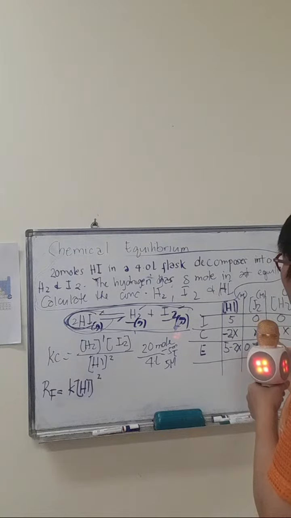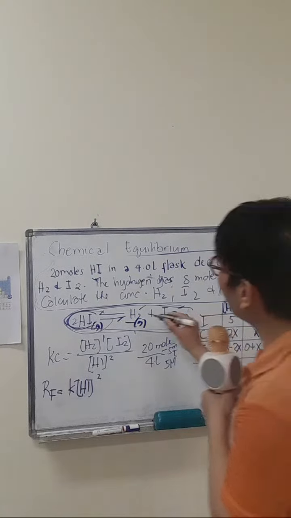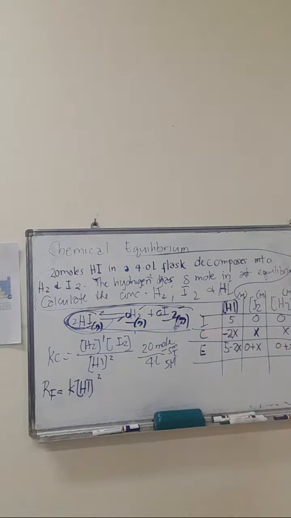Then 0 plus x and 0 plus x, because there's no initial number of moles of H2 and I2. That's why 0. If there were, you could simply say 2 plus x. You get the point, but there's nothing there.